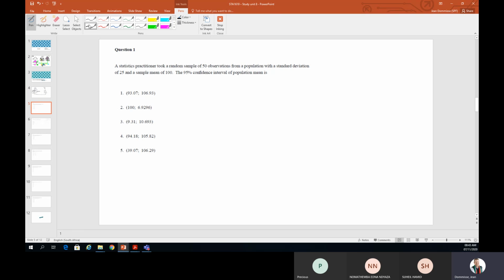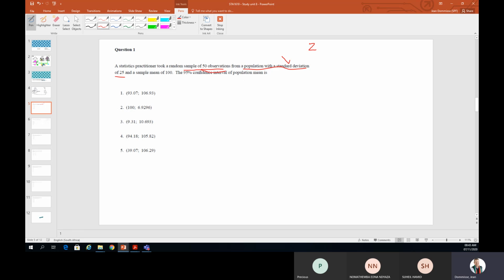A statistics practitioner took a random sample of 50 observations from a population with a standard deviation of 25. Okay, standard deviation is known, so we're working with a Z. And a mean of 100, a 95% confidence interval of a population mean.